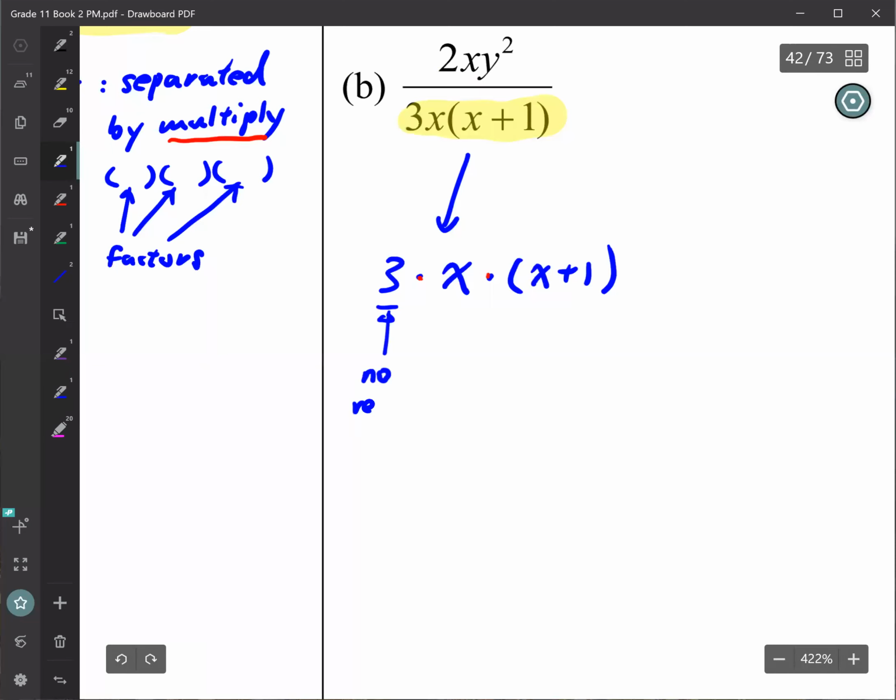Now we need to make sure this one cannot be 0, and this one also cannot be 0.